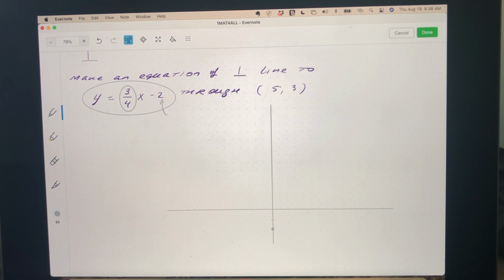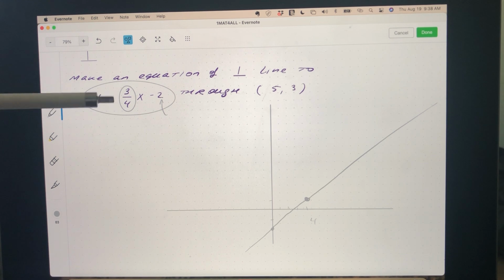So these are the same points we drew in the previous video, and here is our straight line. Okay, so this is the given straight line, the line that is given by this equation.